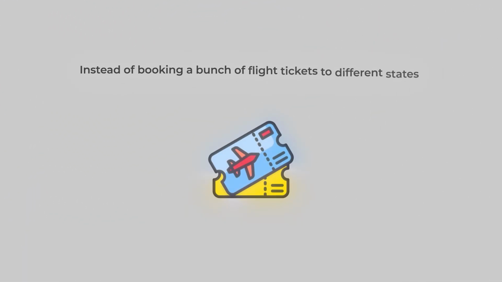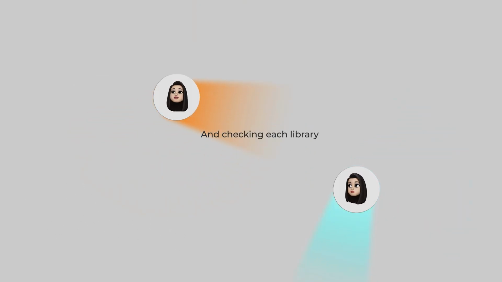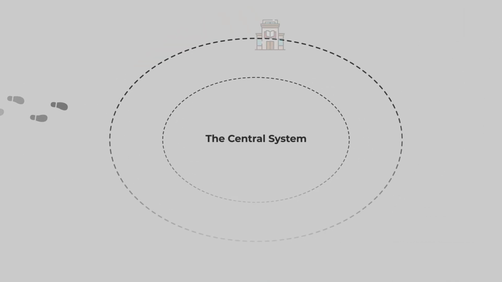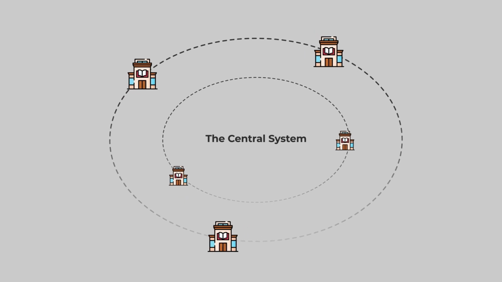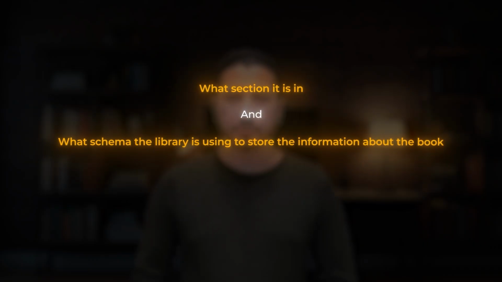Instead of booking a bunch of flight tickets to different states and checking each library and their book catalogs in person, you can go to one central system that tells you what each library has and how to access it. This central system, or catalog, can even tell you what section it is in and what schema the library is using to store the information about the book, all without actually having the book itself.